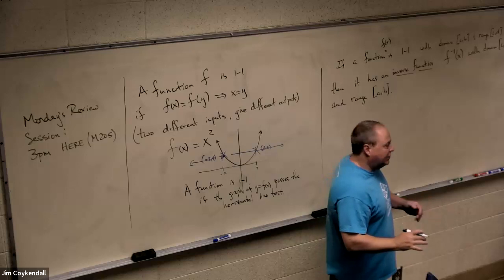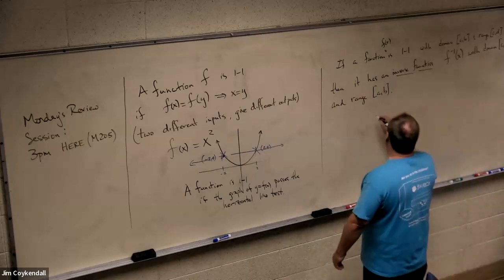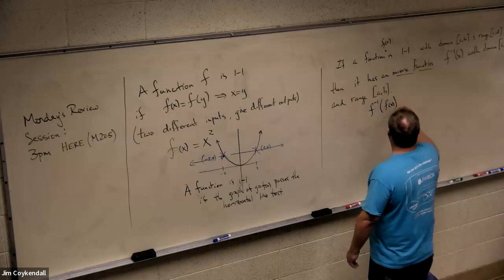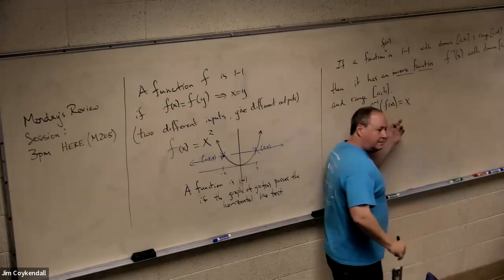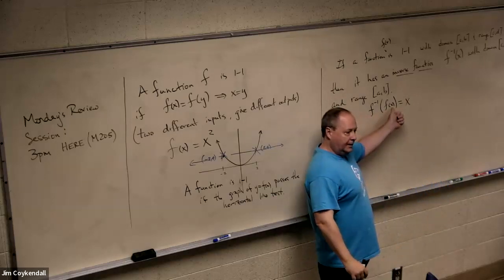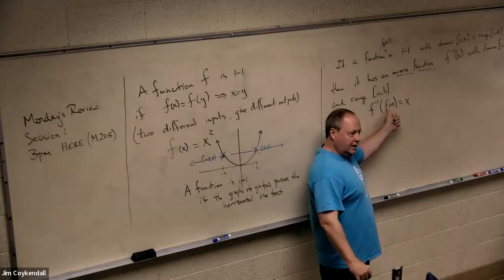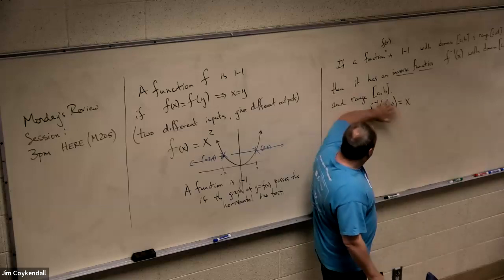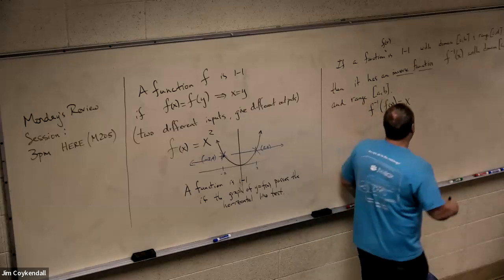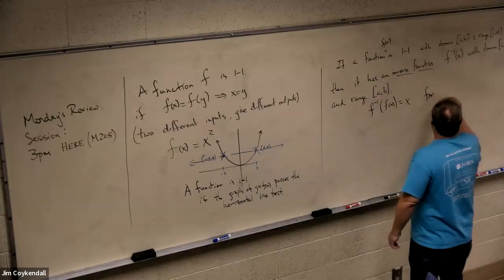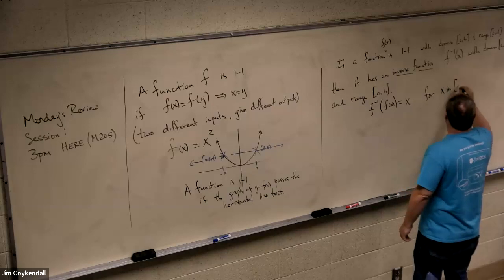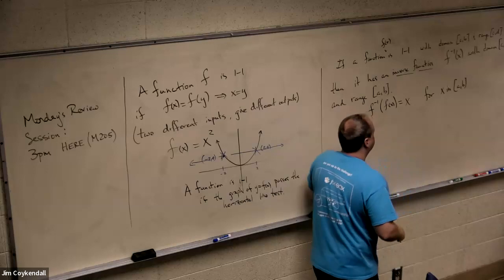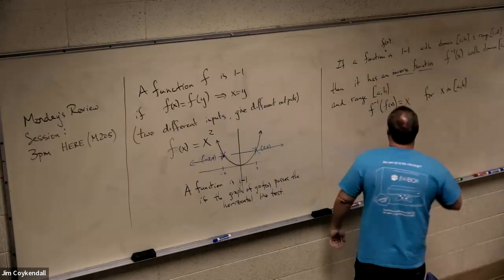What does it mean to be an inverse function? Well, it means that f inverse of f of x is x. So if you take some number x and plug it into the function, then apply the inverse function, it gets you back to where you started. Inverse functions are the reverse, like undoing keys. This is true for all x in the interval A to B, which is the domain of f.